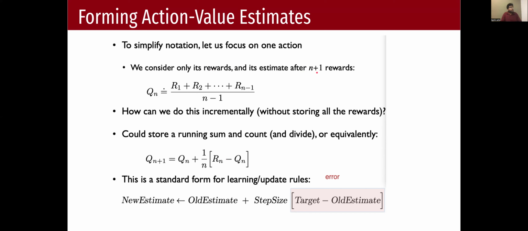So Qn equals R1 plus R2 up to Rn minus 1, divided by n minus 1. So now think, how can we do this incrementally, without storing all the rewards? We can take the running sum and count equivalently.